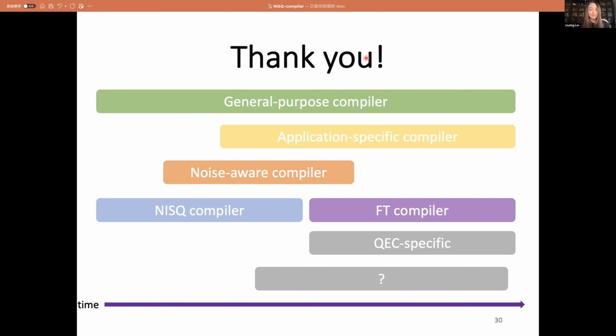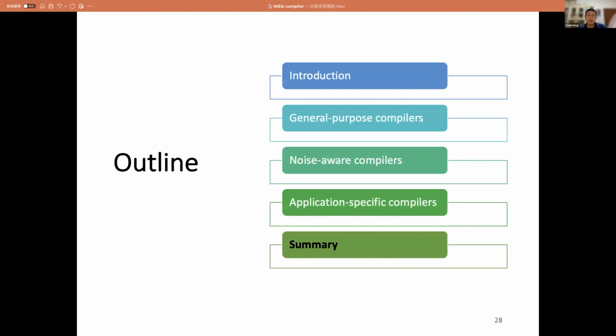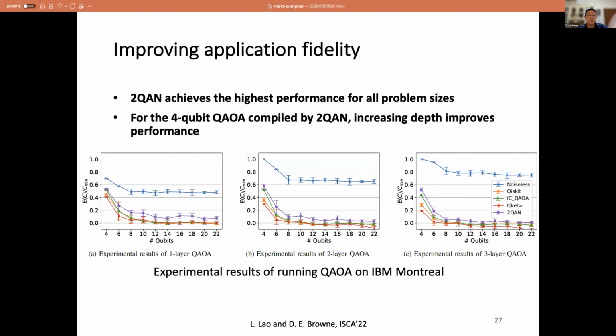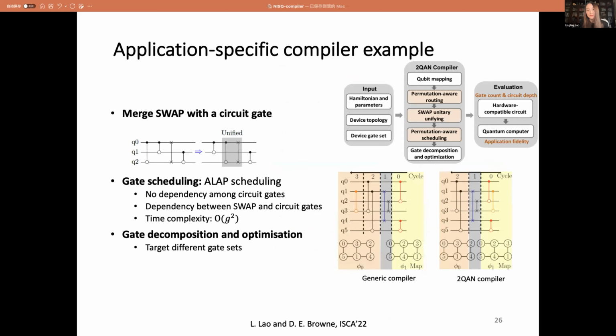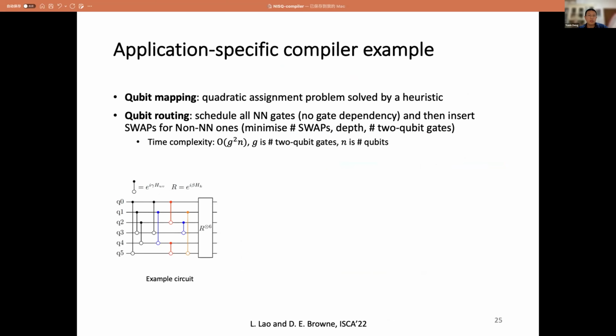Okay. I have a question concerning the application-specific compiler. In order to make use of these compilers, you take advantage of some very special properties. Say some quantum gates can commute with each other, right? Then you reorder the gates. But this looks like very advanced knowledge.